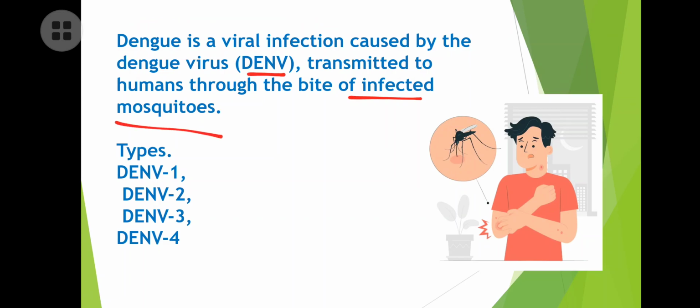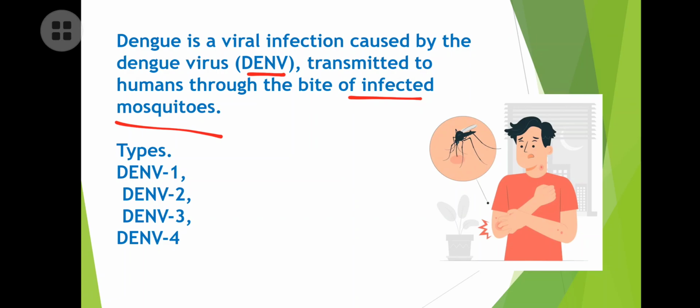This dengue virus is only transferred from mosquitoes to humans. It is not transmitted from human to human. Understand this: it is only transmitted from mosquitoes to humans. If the virus is already in a human body and a mosquito comes and bites that person, the virus present in the human body is sucked up by the mosquito.